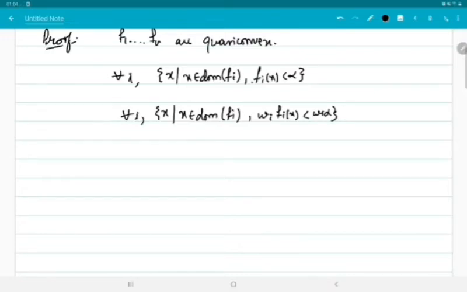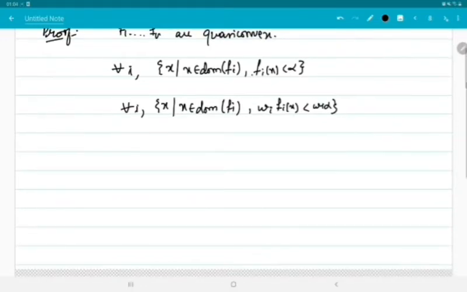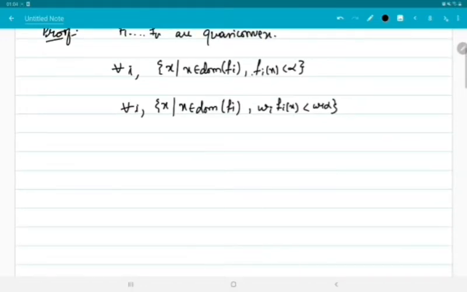Now if this is the case, then they are all sets: w1 f1(x) less than w1 alpha, w2 f2(x) less than w2 alpha, and so on. So now we take the maximum w_i alpha. There will be some w_i for which this product is highest, so all the others will be lower than that highest product.